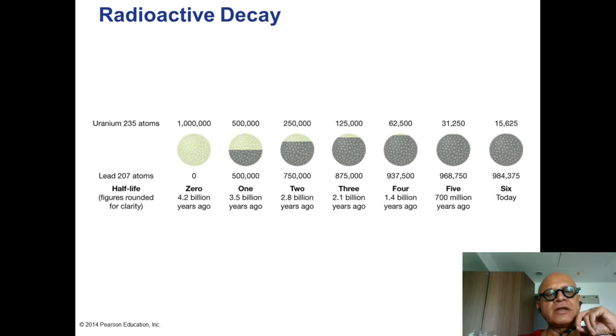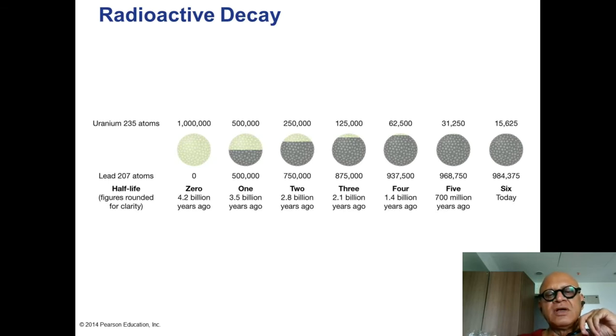So you look at a million uranium-235 atoms, which has 0 lead-207 atoms, and in about 0.7 billion years, going from 4.2 billion years ago to 3.5 billion years ago, uranium-235 has gone from 1 million atoms to 500,000 atoms.